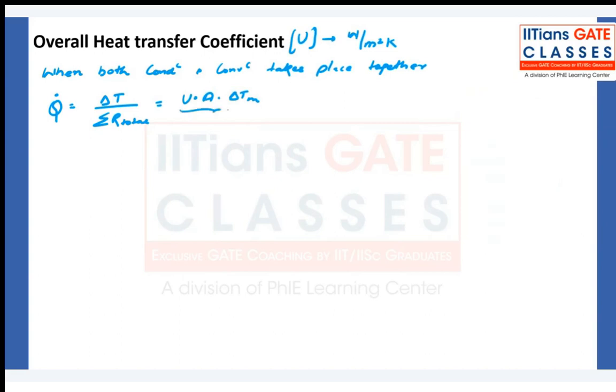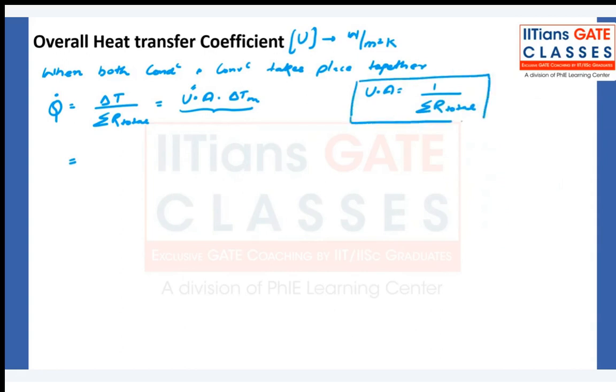We will only use this in heat exchangers. But still we need to find out U, because sometimes they ask you what is the overall heat transfer coefficient. Now how can we define this? So UA is equal to 1 upon total resistance. This is how we can define this.